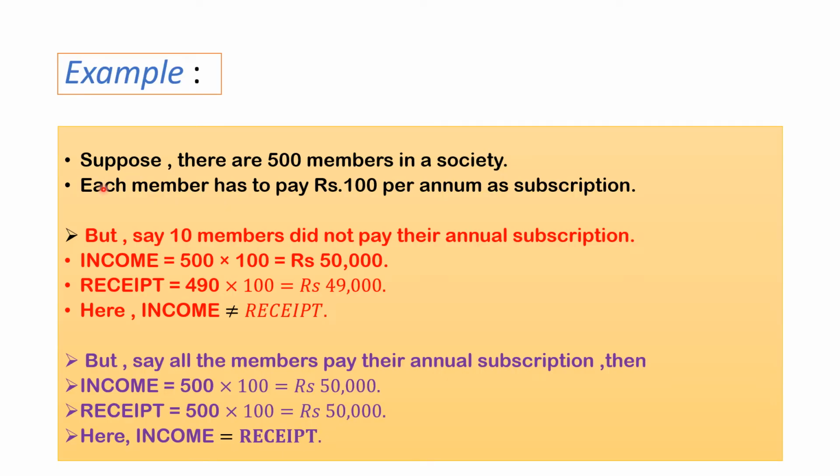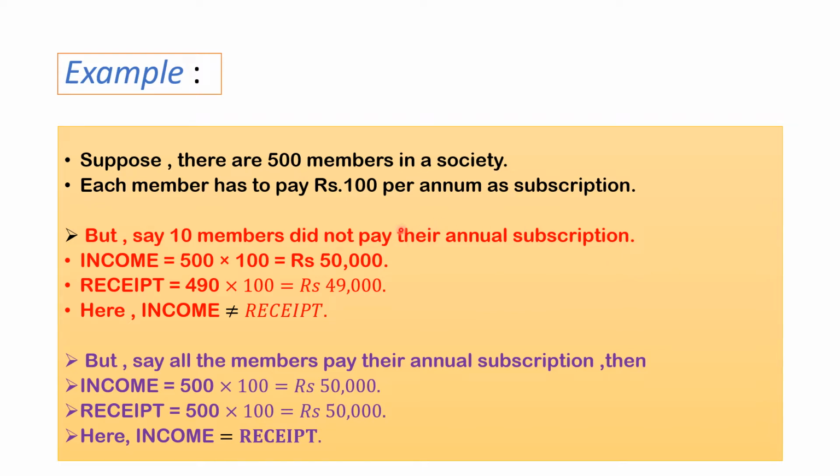Now, supposingly, there are 500 members in a society, and each member is supposed to pay 100 per annum. For 1 year, every year, one person will be paying rupees 100 as subscription. Now, in the first case, say 10 members did not pay their annual subscription.